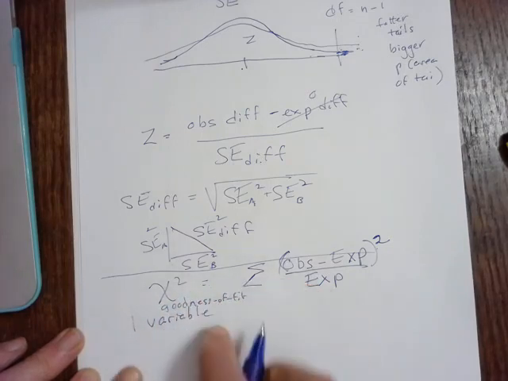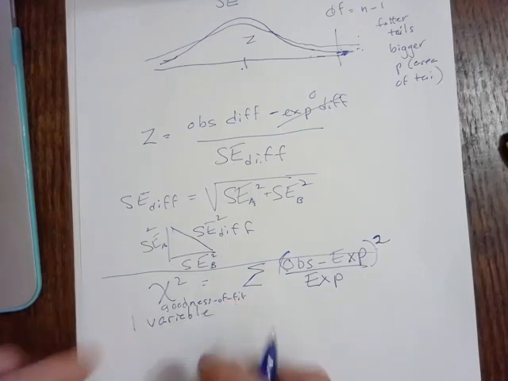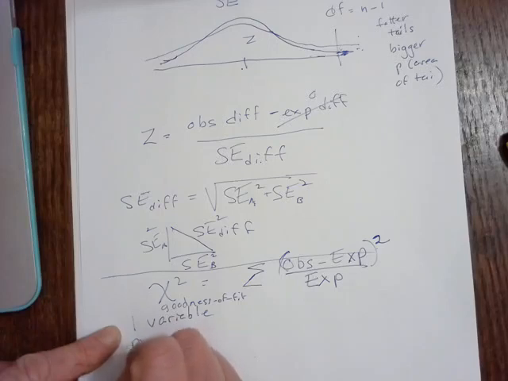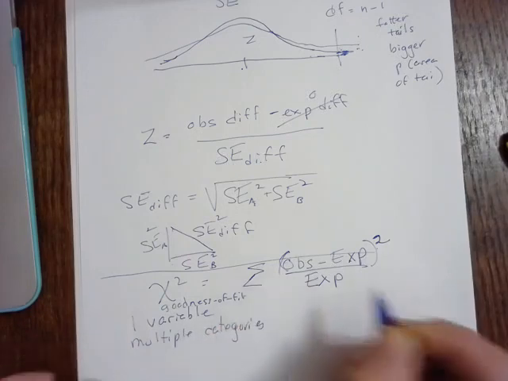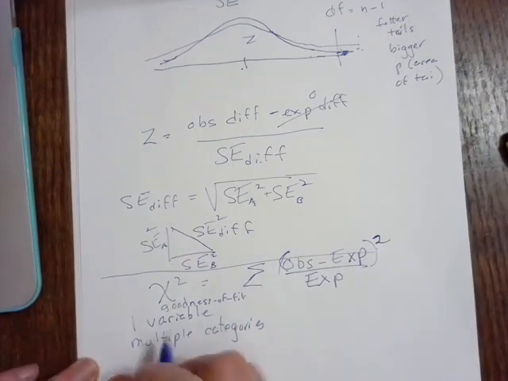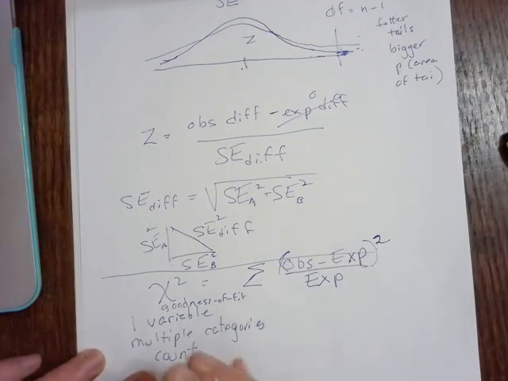The null is a model, and you're wondering how well your observed data fits that model. Your one variable has multiple categories, basically two or more, and they're counts, how many are in each category.